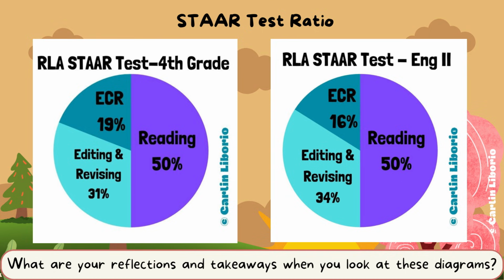And so if you break down the test, about half the points are coming from reading and half the points are coming from writing. The ECR is going to be a big chunk of that, but this video is going to go into editing and revising, which is at least 30% of the test.